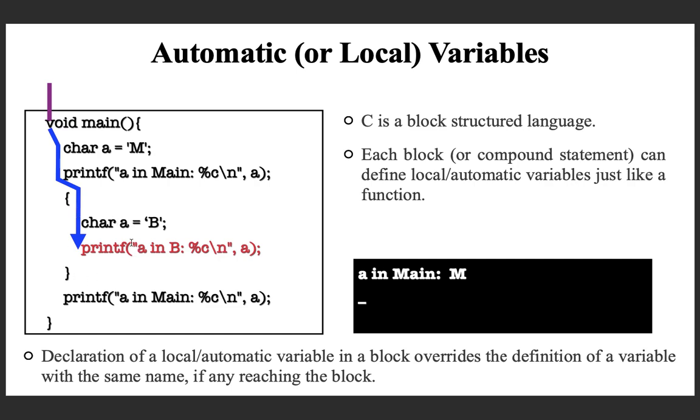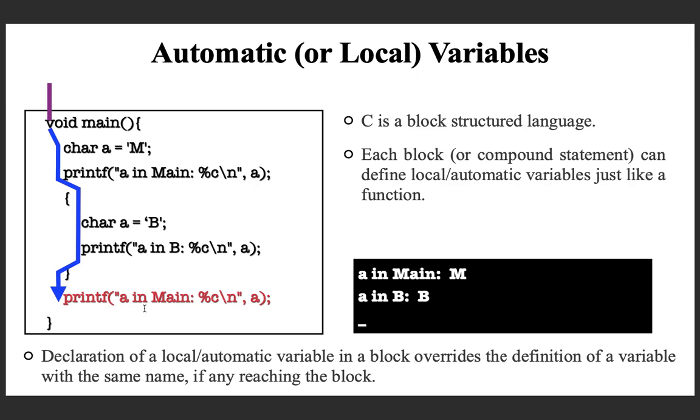So within this block, after this definition, only that particular variable is accessible. If you try to print, you will get B as the character printed, because this is what is accessed. And this was the last statement in the block. So the control comes out, and the next statement is again a printf statement.